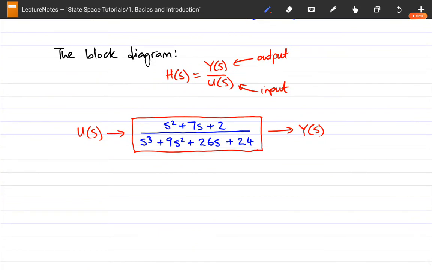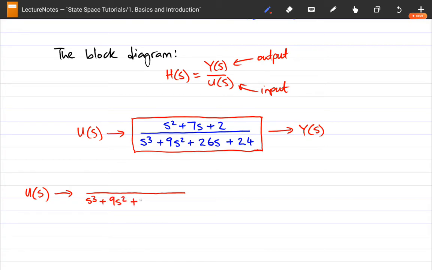So the next thing I want to do is display this block diagram in a way that we've already worked with before so that it makes things much easier for us. So I'm going to try to expand this control block diagram, and I'm going to break it apart such that we can have the denominator and the numerator separated, without violating our rules of control block diagrams.